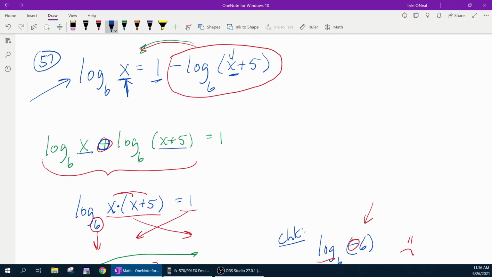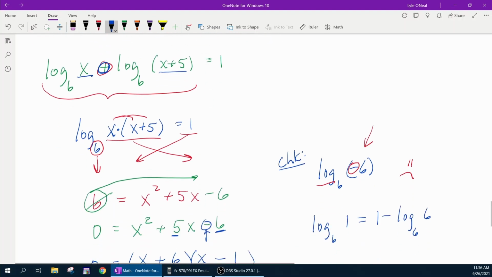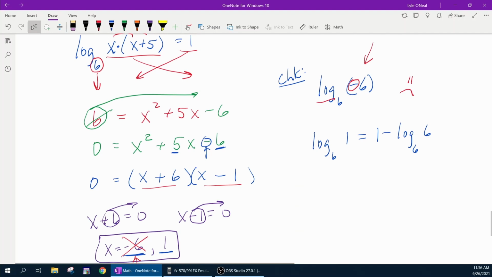When I replace this x with a 1, 1 plus 5, I can go ahead and make that a 6. Now, what is log base 6 of 6? Well, if you think back to previous lessons, we said if the bases match, they cancel, and the exponent is the answer. And so the right-hand side is going to simplify to 1 minus 1.